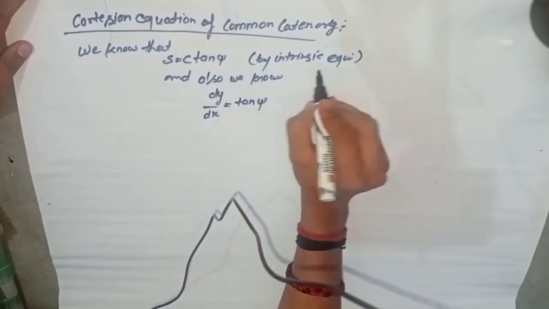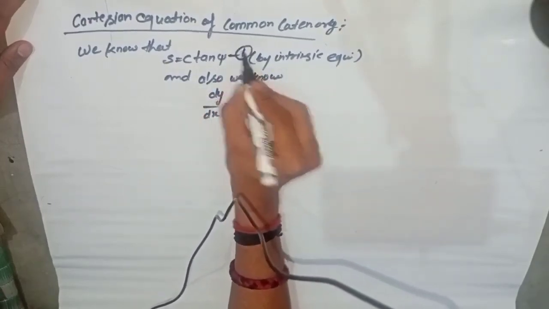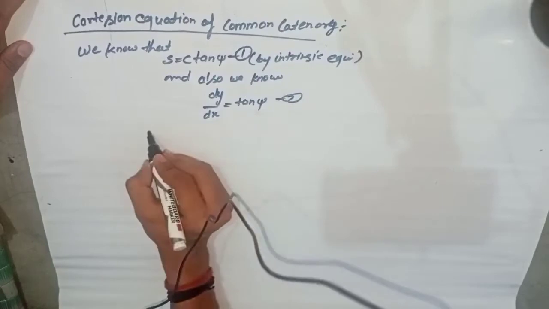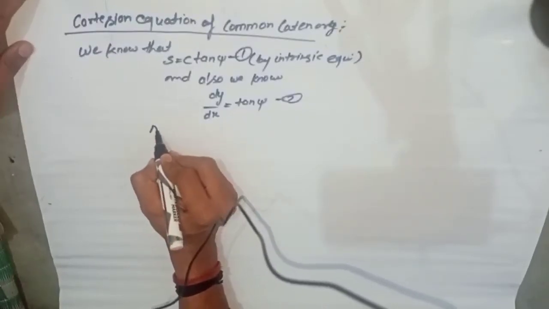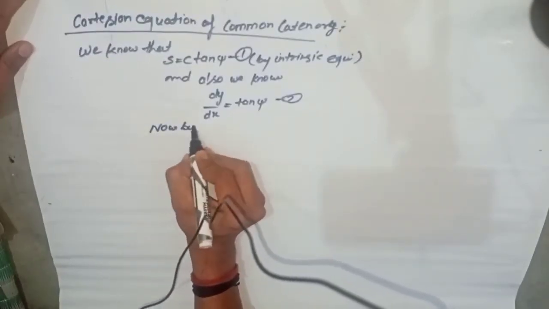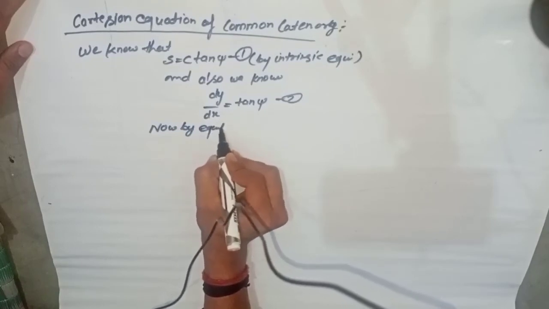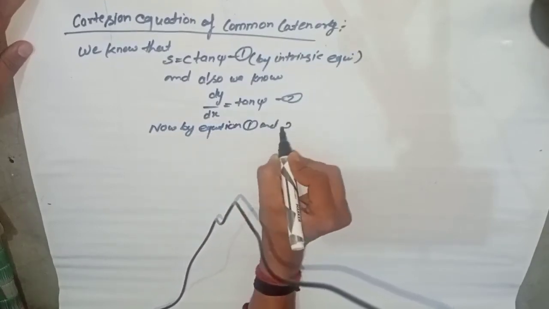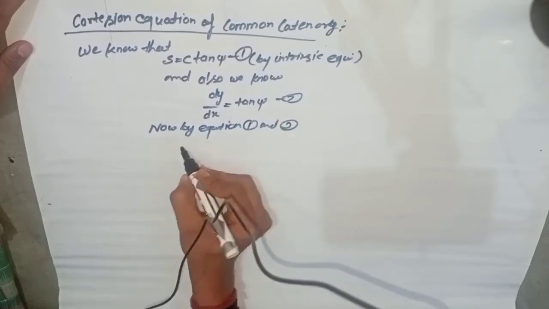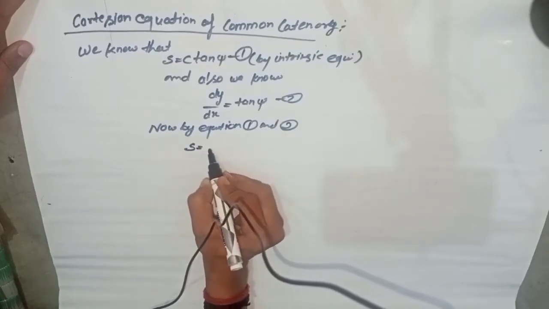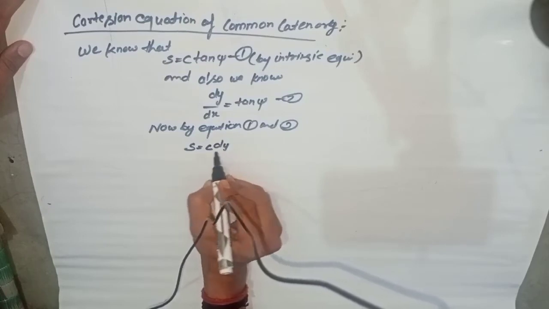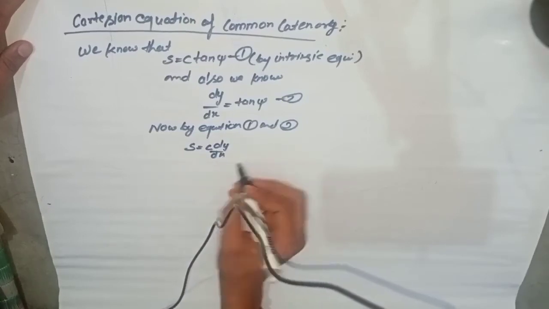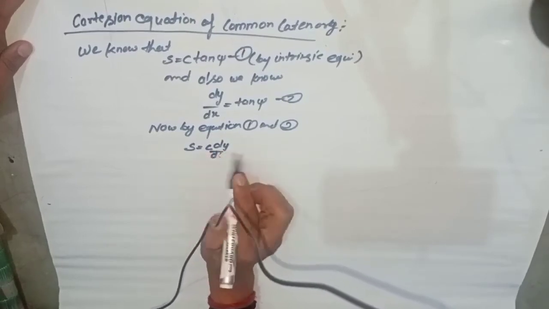Now this is equation first and this is second. By equations first and second, we get s equal to c dy by dx.